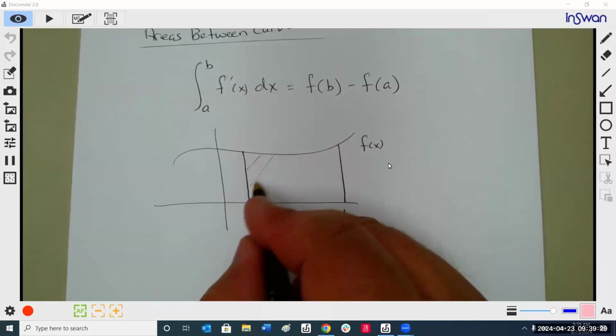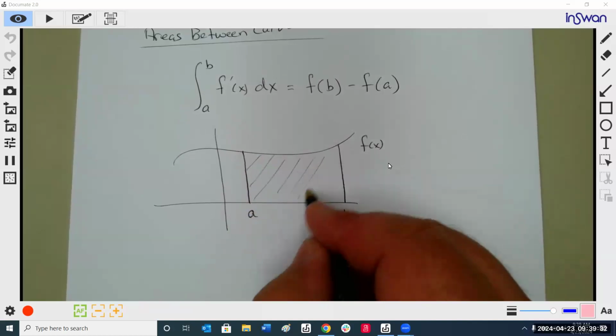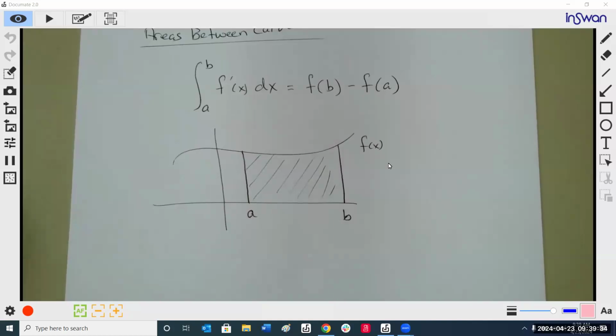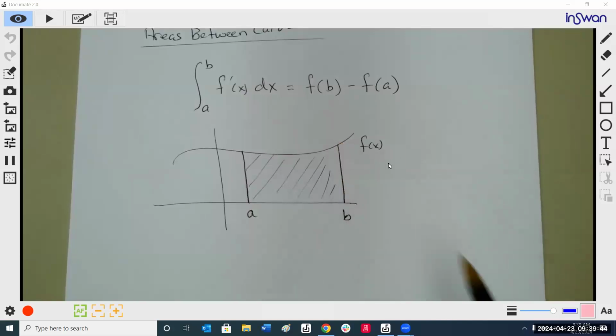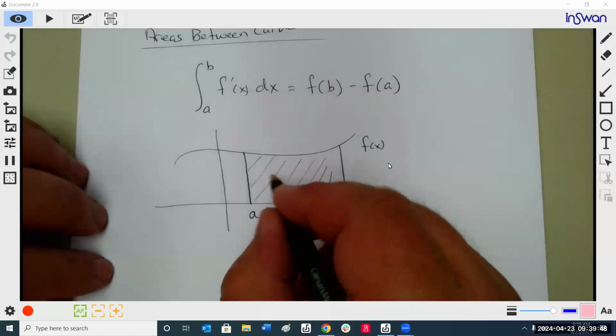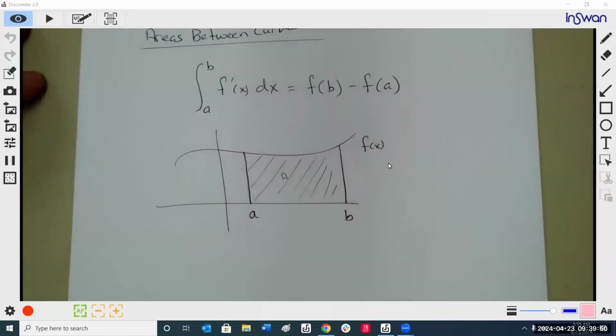We want to find the area between the function and the x-axis, between the left and right limit bounds. We want to find this area. How do we find the area?